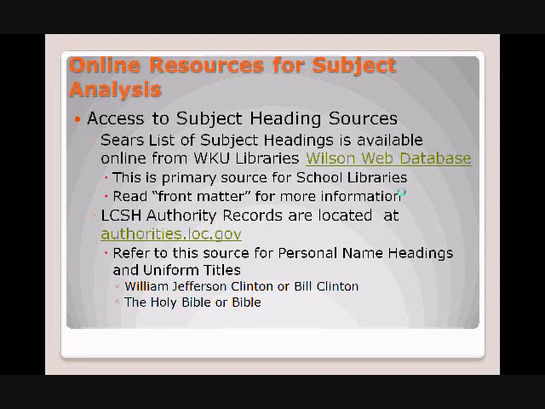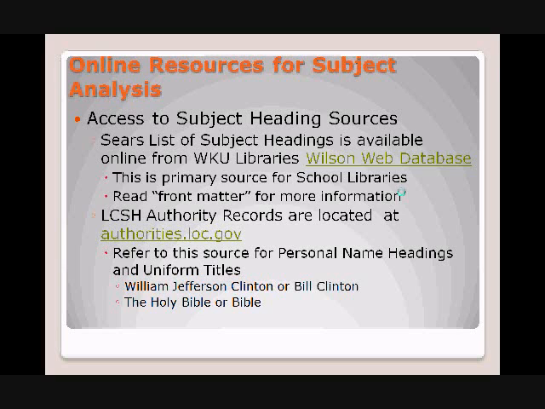Now, there are online resources for the subject analysis, which we will be looking at later in another part of this module. Again, the Sears list of subject headings is available from the WKU Libraries databases, and we will look at how to get there.